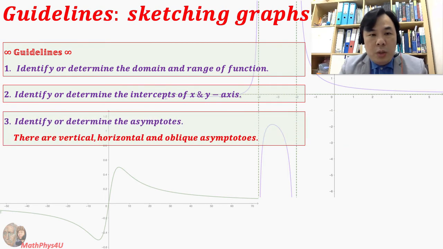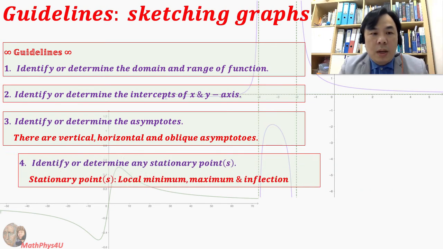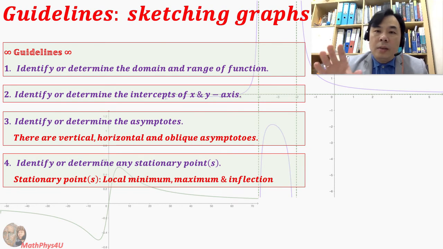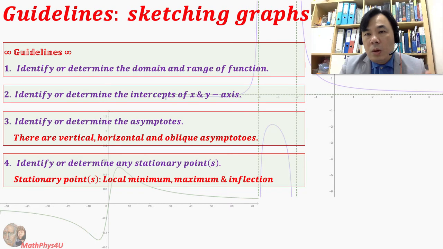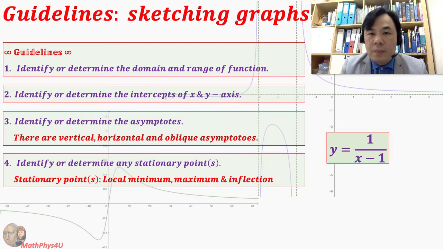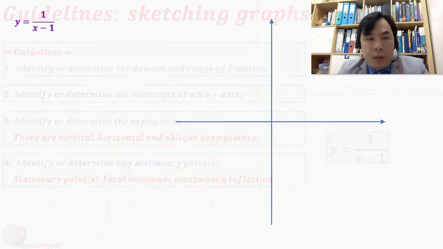And then number three, identify any asymptotes: vertical, horizontal, or oblique asymptotes. And then lastly, identify any stationary points, maybe local maximum, local minimum, or inflection points. So this is our second graph that we're going to sketch, right? We're going to go back to the drawing board. We're going to sketch this out. Stay tuned. All right, welcome back.